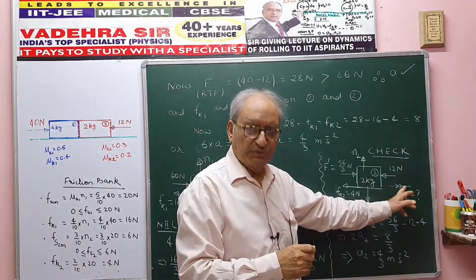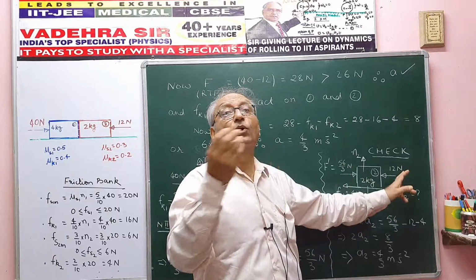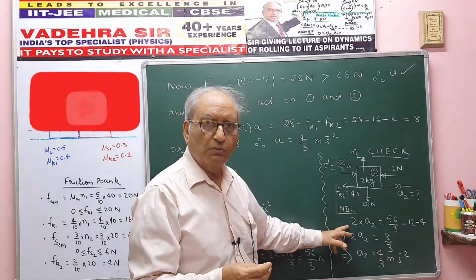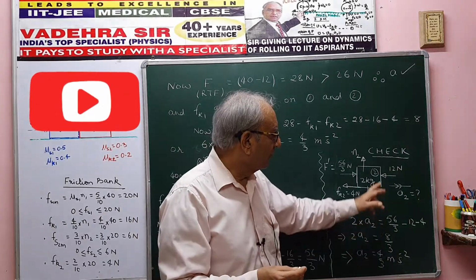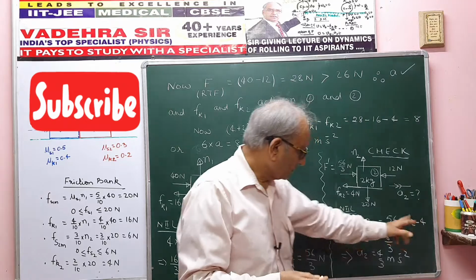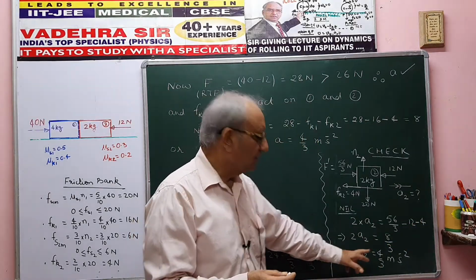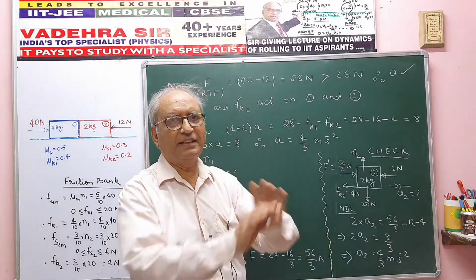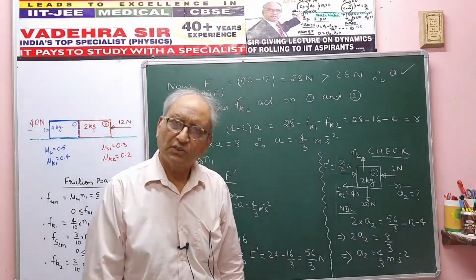Let us find a2 just for fun. Applying Newton's second law, 2 into a2 is 56 by 3 minus 12 minus 4. I solve this, I get a2 as 4 by 3 meter per second square. This means everything is correct.